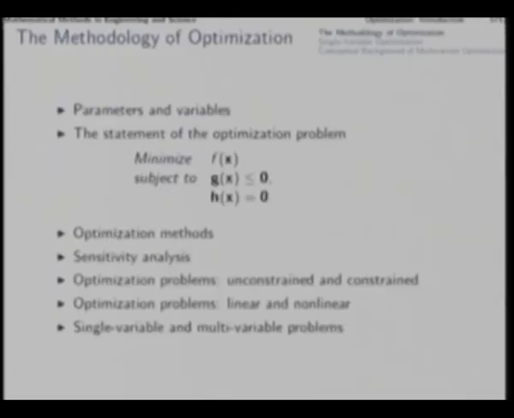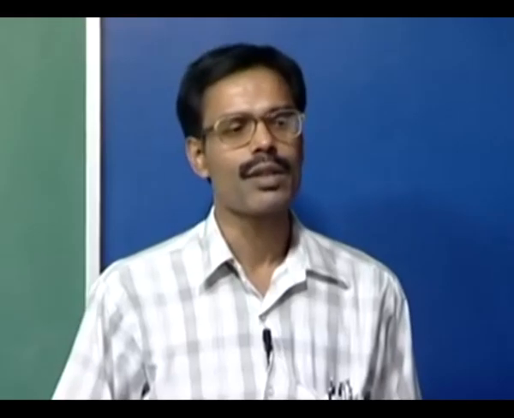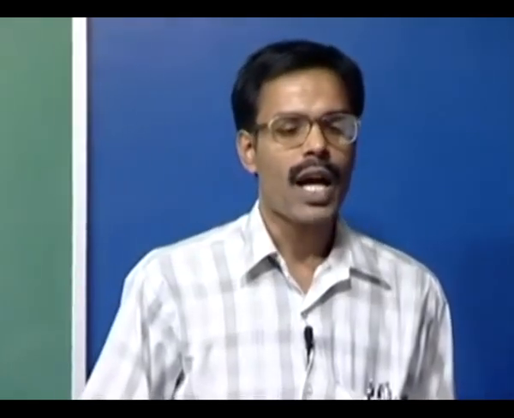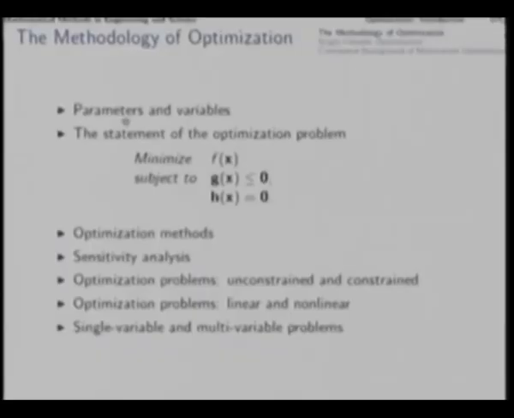First, in any typical situation where you encounter an optimization problem, to begin with you will have a number of variables which you can choose in order to minimize or maximize some function. That function which you try to minimize or maximize is called the objective function, and among the variables which you can choose in order to have the minimum or maximum value of the objective function, those underlying variables are separated into two parts.